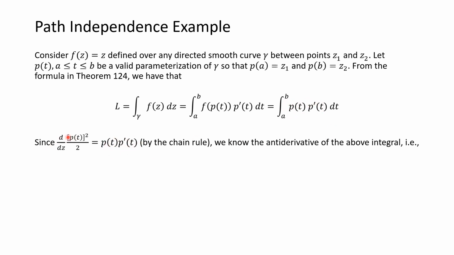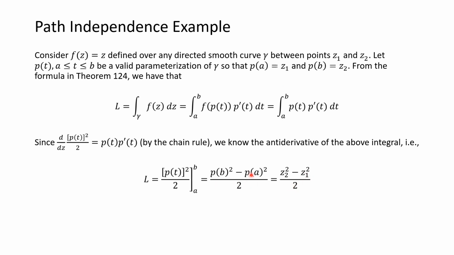So we know that p of t squared over 2 is the antiderivative. We put that into the formula that we've derived here, and we get that the value of the integral is p of b squared minus p of a squared over 2. And as we stipulated at the beginning, p of b is z sub 2, and p of a is z sub 1.